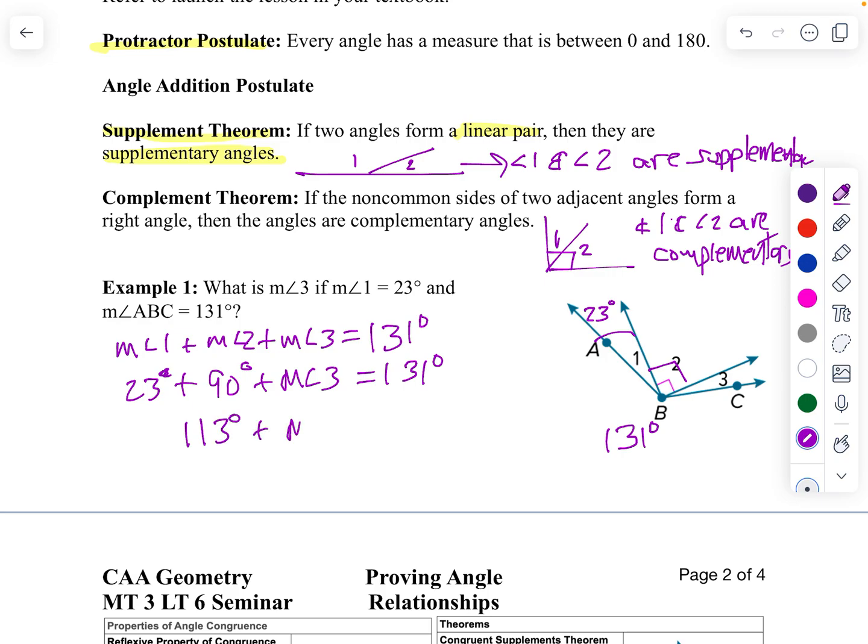So what do you have to add to 113 to get 131 degrees? Well, that would make the measure of angle 3 18 degrees then, wouldn't it? And that's your answer. That's just using your angle addition postulate.